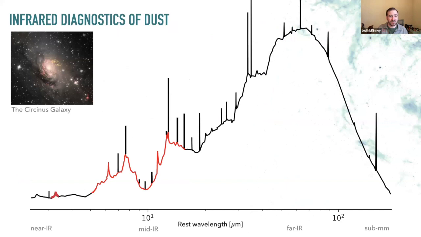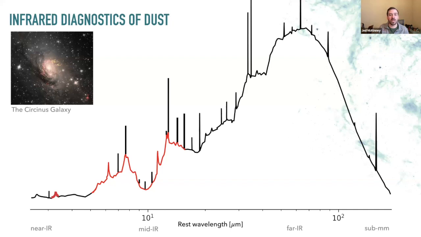So we need to go out and measure dust. And that's why the infrared is a really great place to work in, because it has so many empirical tools to characterize dust in distant galaxies. This is a real spectrum from the Circinus galaxy on the top left. This is one of the only full far infrared, near, far, and sub-millimeter spectra that we actually have for a galaxy.